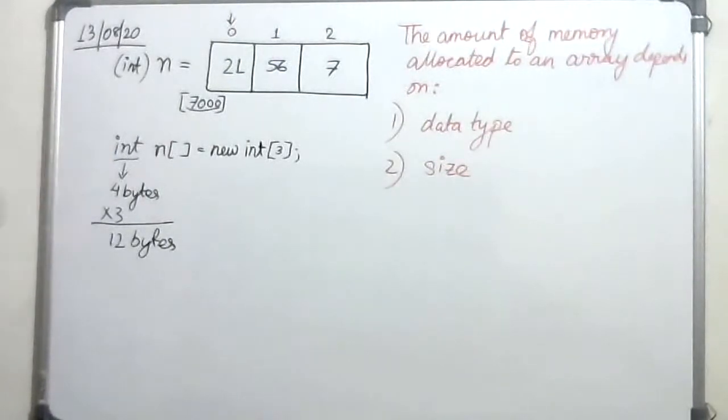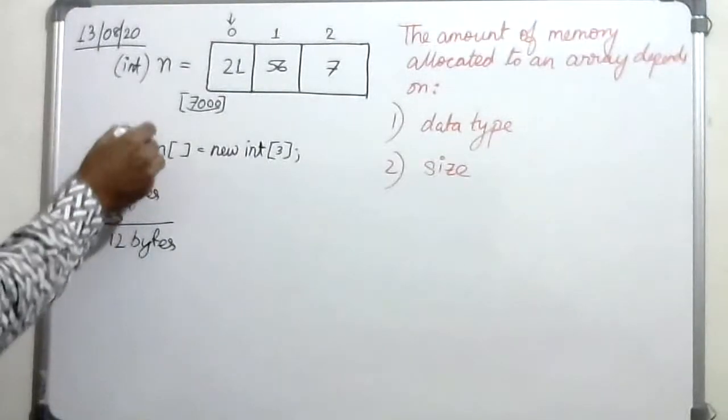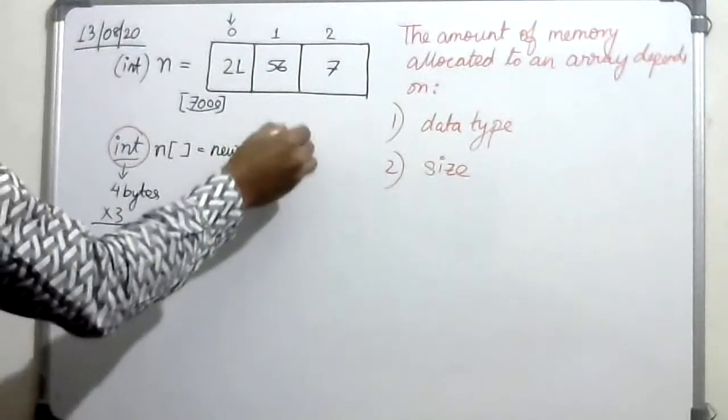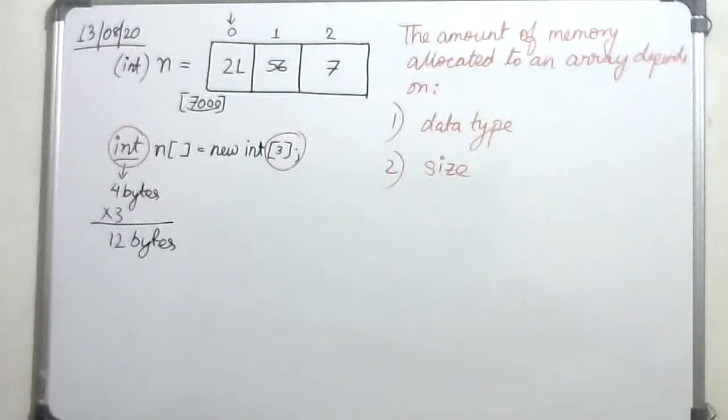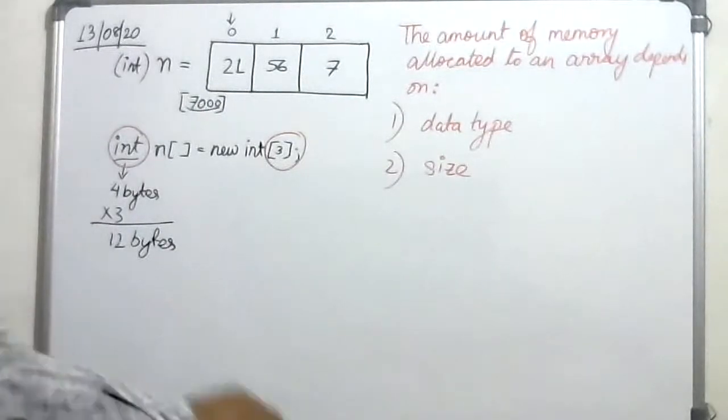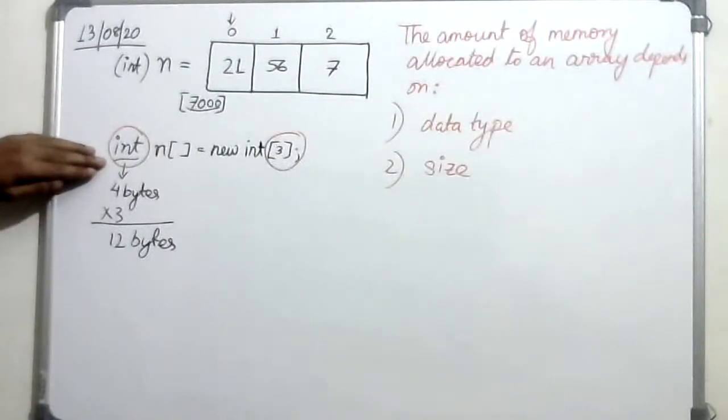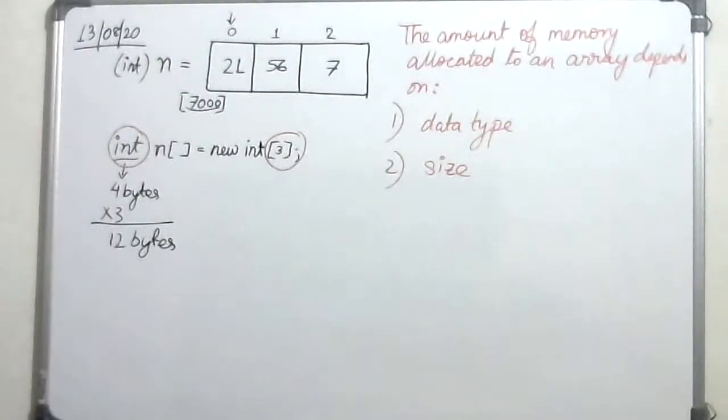To calculate that, you need to focus on two things: the data type of the array, and the size of the array. If you know these two things and you remember the size of each data type, you can easily calculate the total amount of memory that an array will occupy.